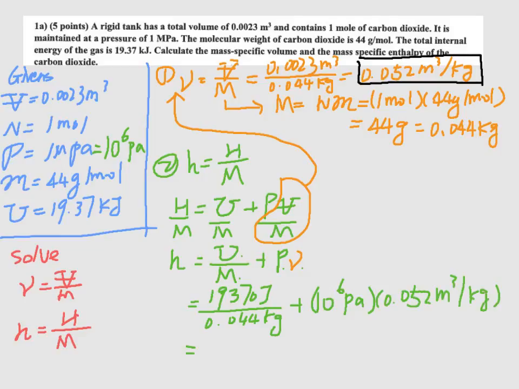So this will give us the mass-specific enthalpy of 492,227 joule per kilogram. Alright, so this is our final answer for the mass-specific enthalpy.